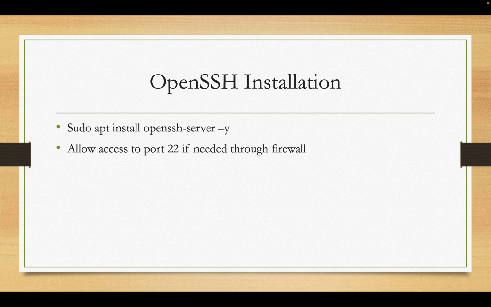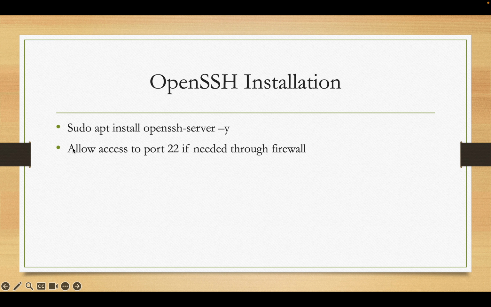And to install OpenSSH on your server, first you want to make sure that your server is updated and upgraded. And once you do that, you want to run the command sudo apt install openssh-server -y. This will install the OpenSSH application.